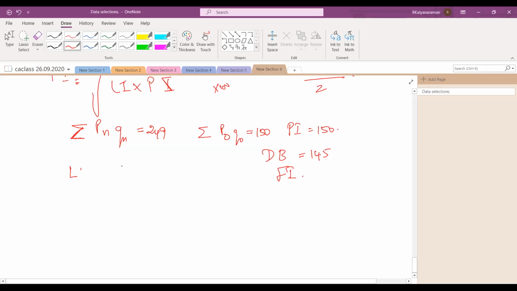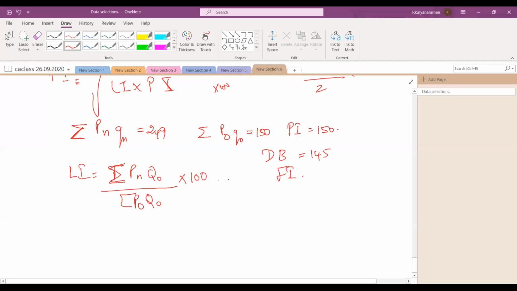This is sigma of PnQ0 by sigma of P0Q0 into 100.